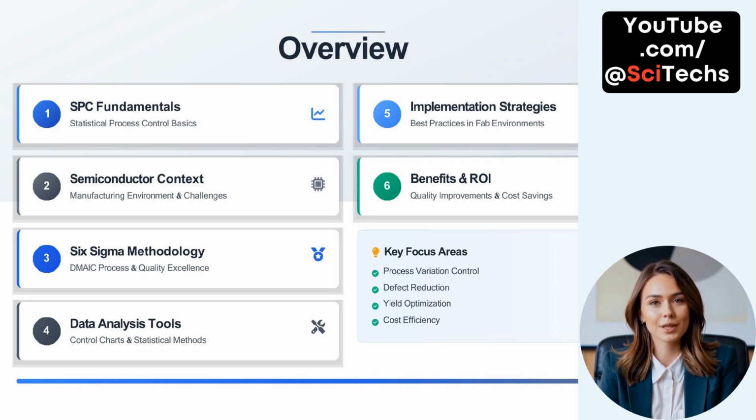Implementation strategies will follow, offering best practices for applying SPC in real-world fab operations. Finally, we'll discuss benefits and ROI, highlighting how quality improvements and cost savings are realized. Key focus areas include process variation control, defect reduction, yield optimization, and overall cost efficiency.